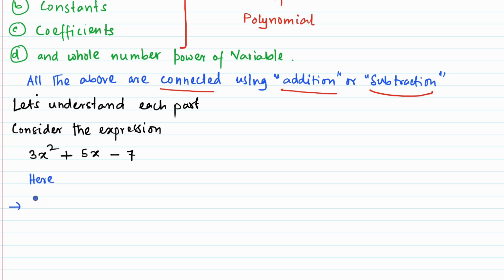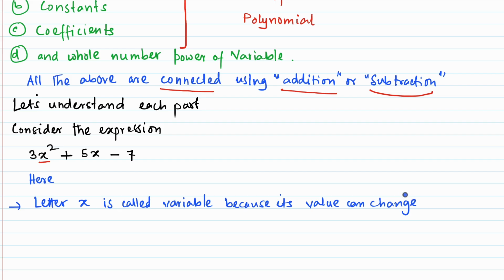Here the letter x is the variable. In this expression x is called the variable, and a variable can take any value because its value can change. It is independent.